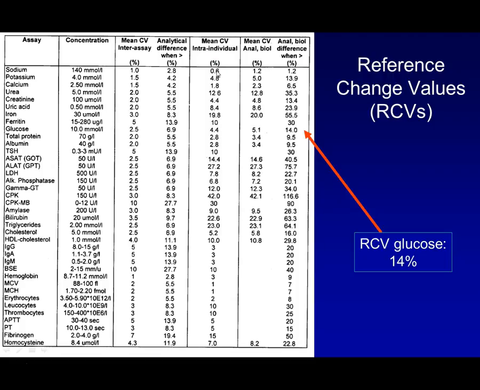On the other hand, we see very high reference change values, for example for creatinine kinase, which is very variable within an individual, with an intra-individual variation of 42%. Also, plasma cholesterol and triglycerides have pretty high reference change values due to their high intra-individual variation.